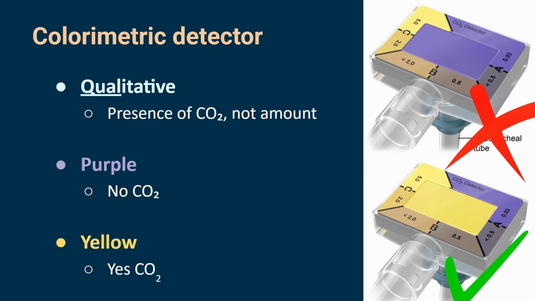Colorimetric is qualitative. Colorimetric devices, despite the numbers on the side, are essentially just saying CO2, right? Remember the cootie catchers? Do you like me? Yes or no? That's a colorimetric device. Is there CO2? Yes or no? Are you seeing this on the field?